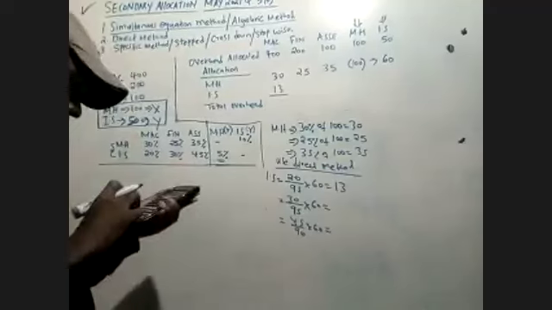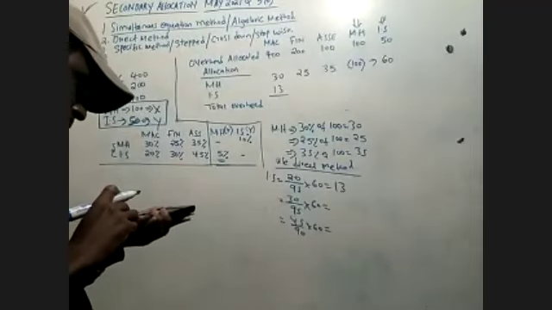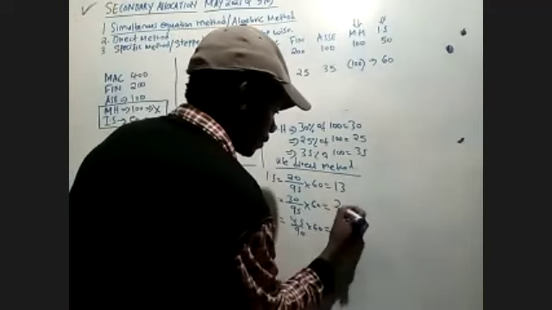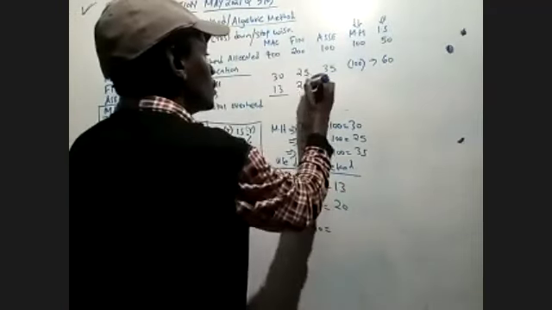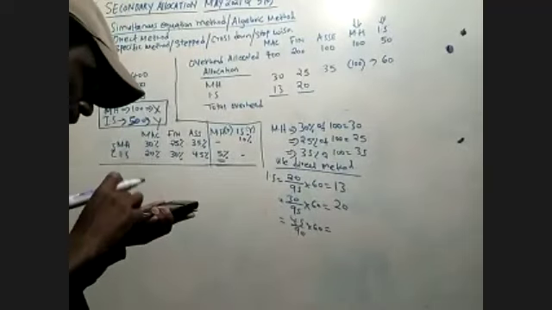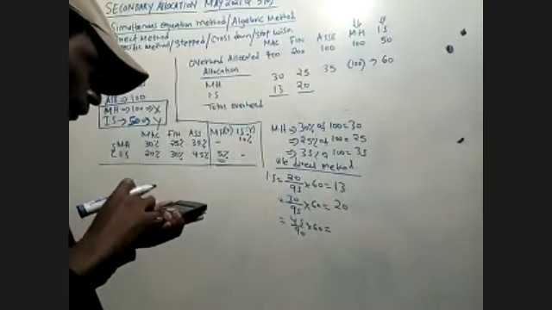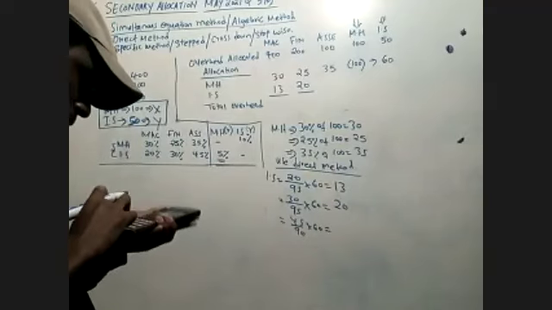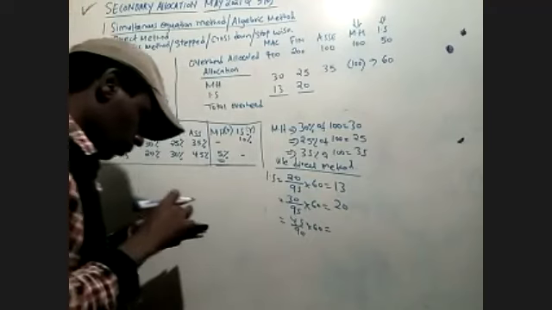And next 30, which is 20. This one is 20. And then next 45 over 95 times 60, 28.